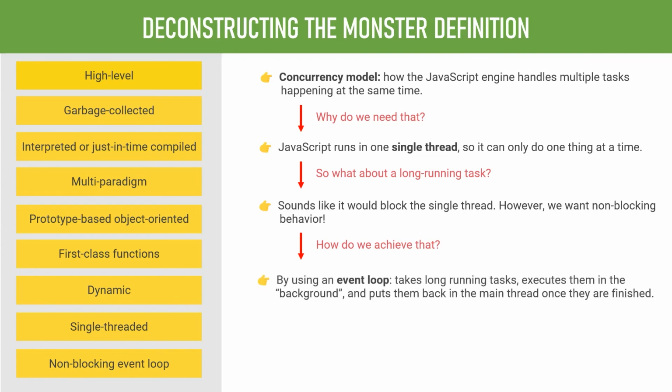The event loop takes long-running tasks, executes them in the background, and then puts them back in the main thread once they are finished. And this is, in a nutshell, JavaScript's non-blocking event loop concurrency model with a single thread. It sounds like a mouthful for sure, but in the end, it's really just compressed to this. Just keep in mind that again, this is a huge oversimplification that we will come back to.